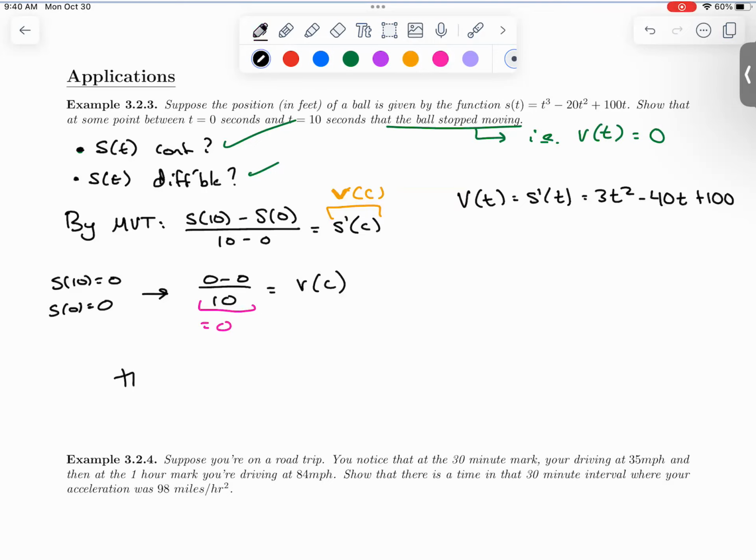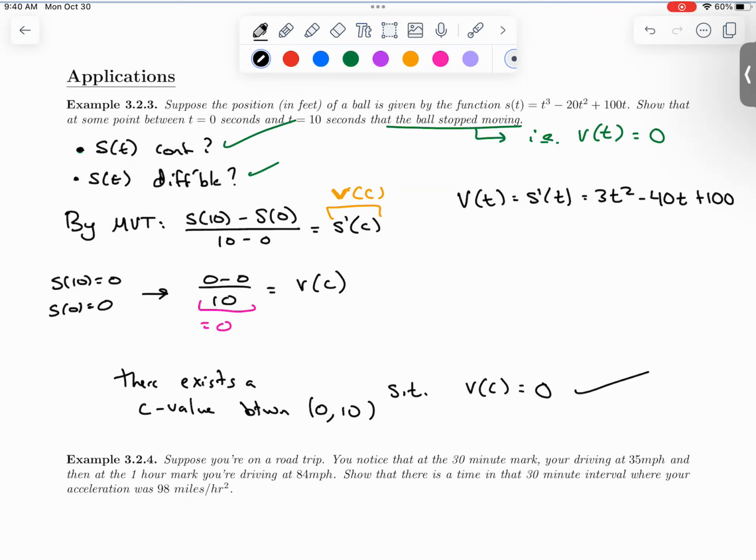So there exists a c value between 0 and 10 such that v of c is equal to 0, which is all we needed to show. We don't need to find the c value. All it was asking is to show there's going to be some value.